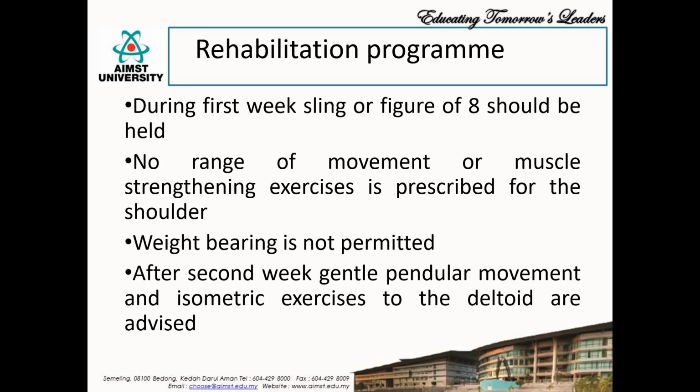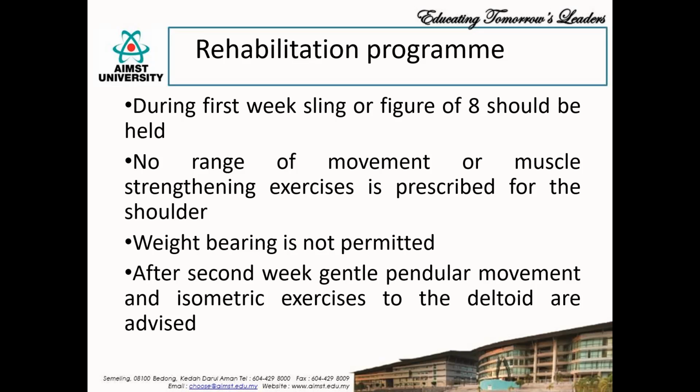And in the first week, one more thing: weight bearing is not permitted, and no movements, neither active nor passive, no range of movements and no muscle strengthening. Strictly no to all the movements and weight bearing also. During that time you have to rely on the other normal side.